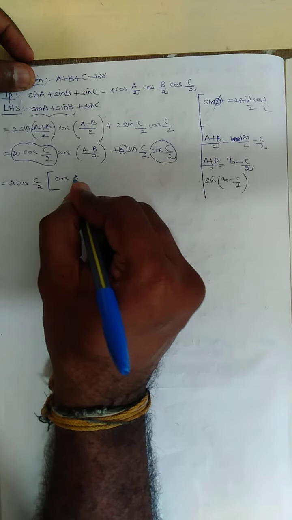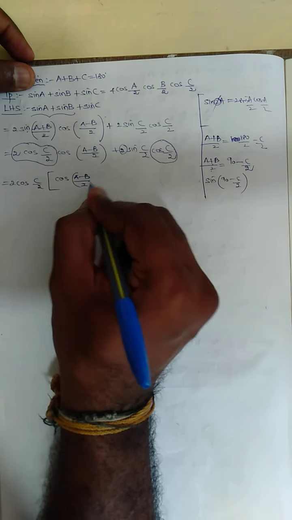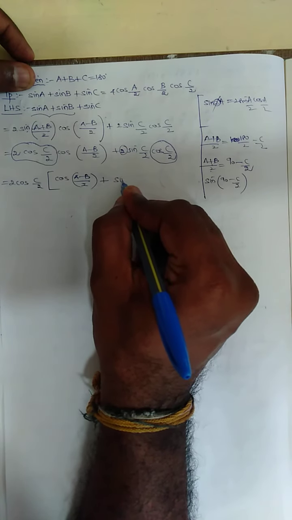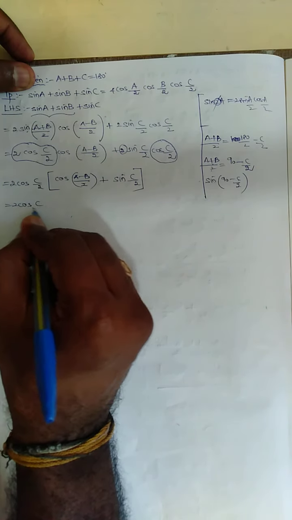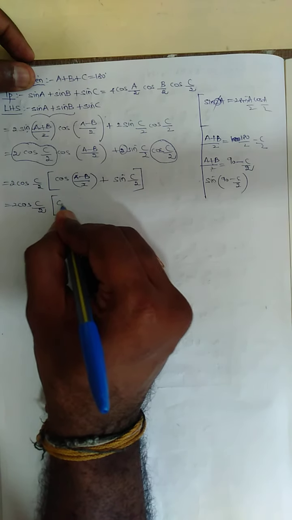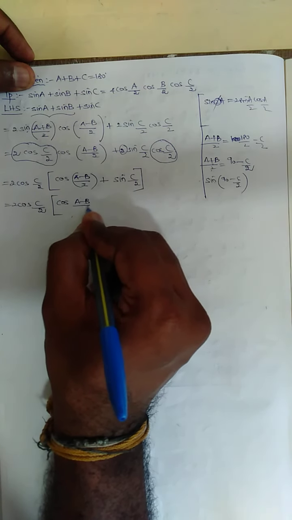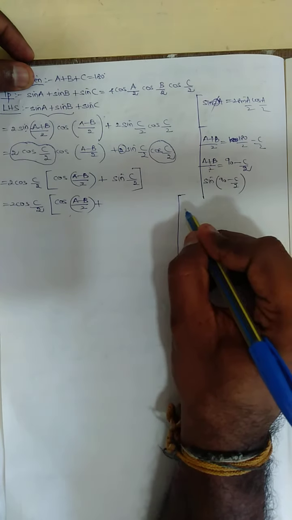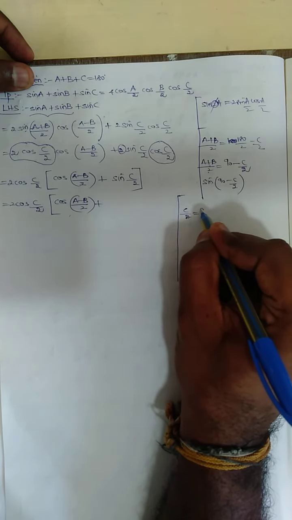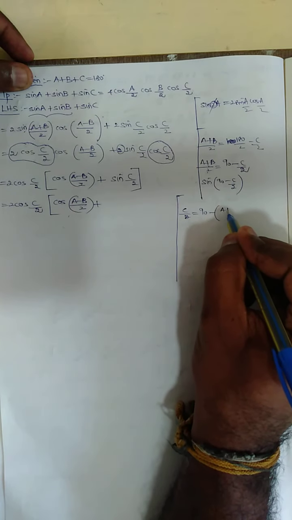Then remaining is cos (a minus b) by 2 plus sin c by 2, equal to 2 cos c by 2, open the bracket, cos (a minus b) by 2 plus what will be sin c by 2? You know c by 2 is equal to 90 minus (a plus b) by 2.